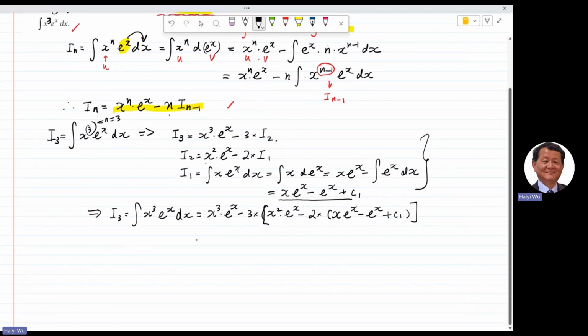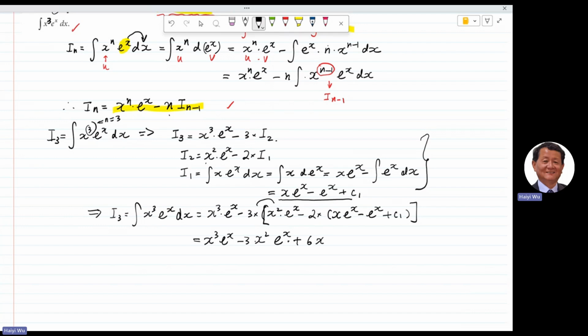All right, now we're going to expand all the brackets. So this become negative 3x squared e to the power of x. Then 3 times negative 3 and negative 2 is positive 6.